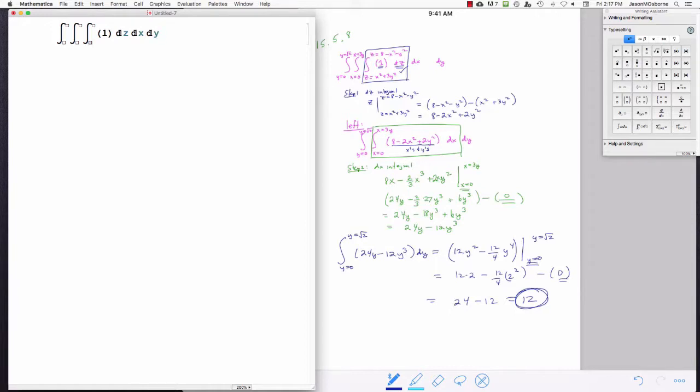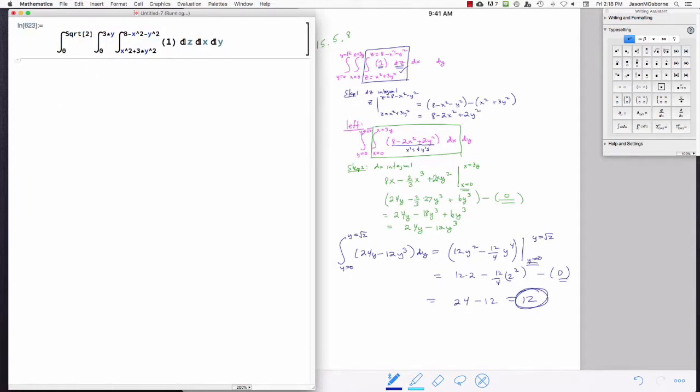And we're integrating from x squared plus 3 times y squared to 8 minus x squared minus y squared. X went from 0 to 3 times y. Okay, and y goes from 0 up to square root of 2.